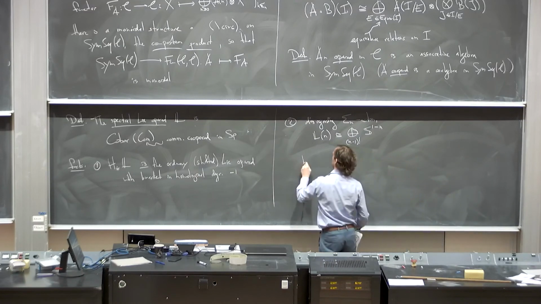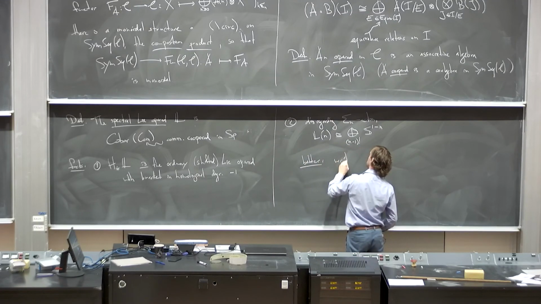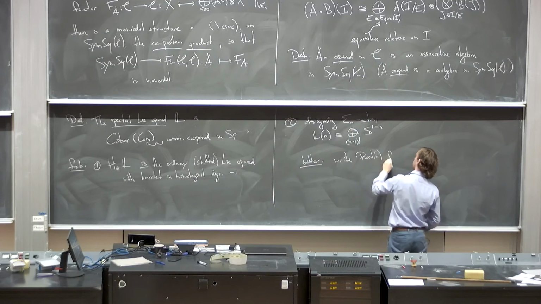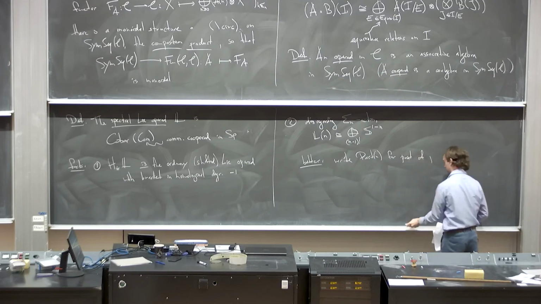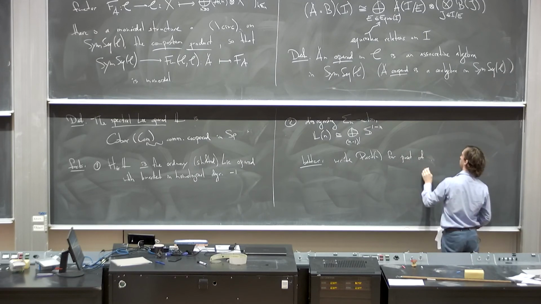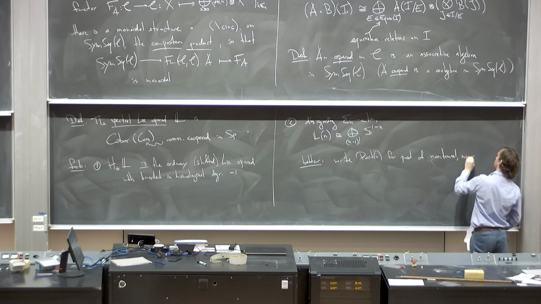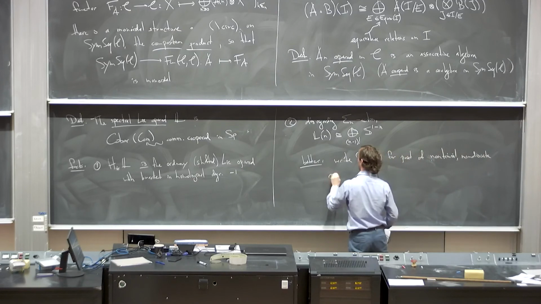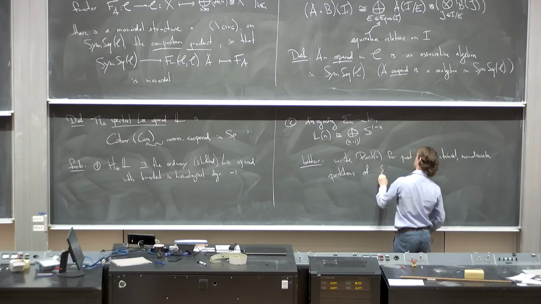A bit better is to actually describe the homotopy type, and that's where the partition complexes come in. So let's write Part_n for the poset of non-trivial, non-discrete partitions of an n-element set.